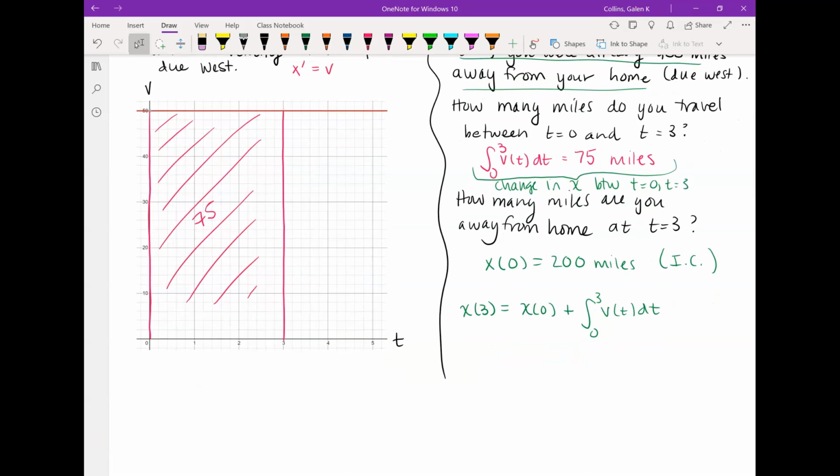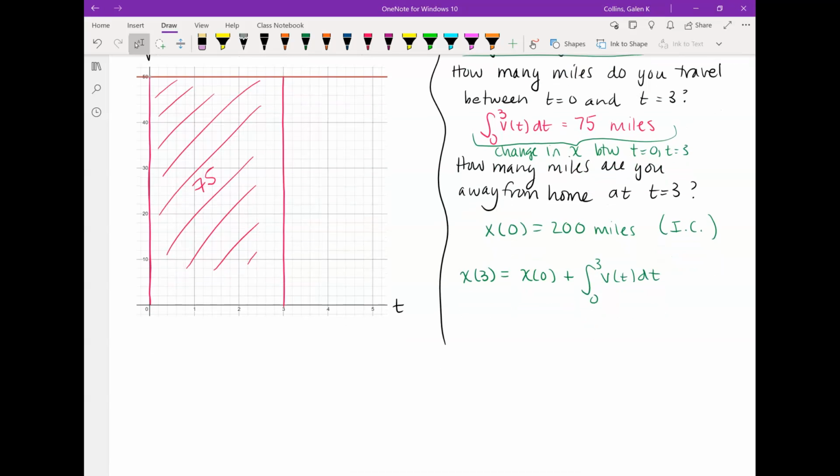All right, so I'm not so much concerned with the answer here. Hopefully it's 350. But what this really does is demonstrate for us the first fundamental theorem of calculus. So I'm going to take this equation and subtract x of 0 from both sides of the equal sign.